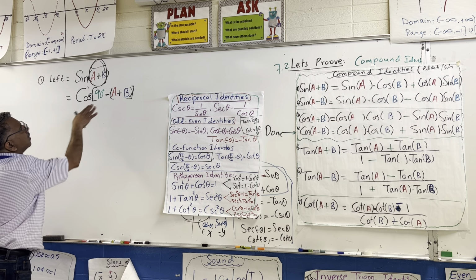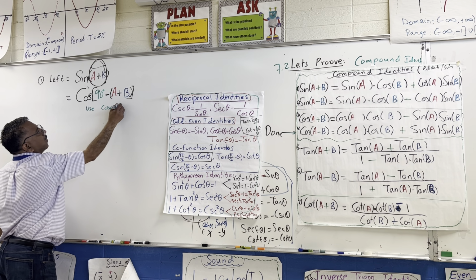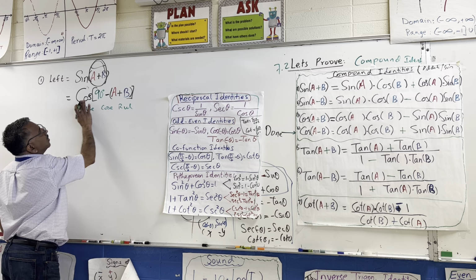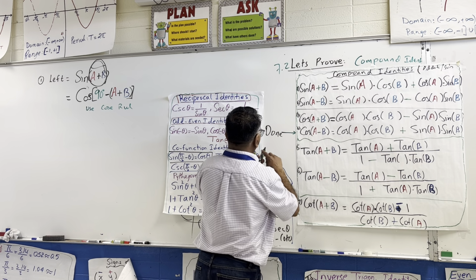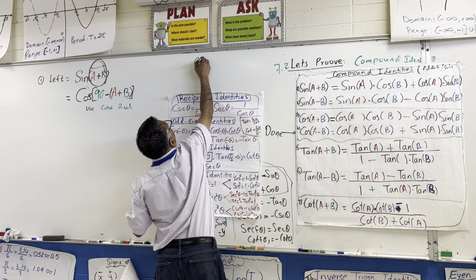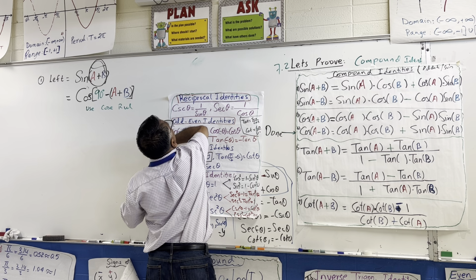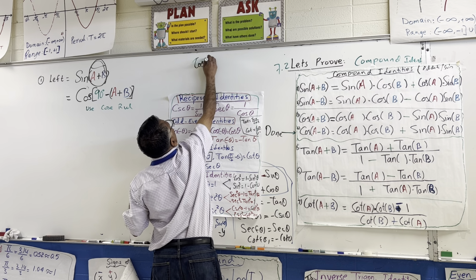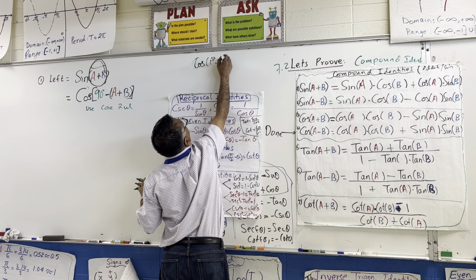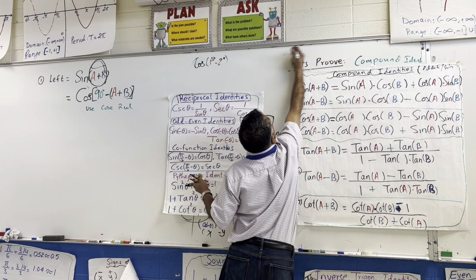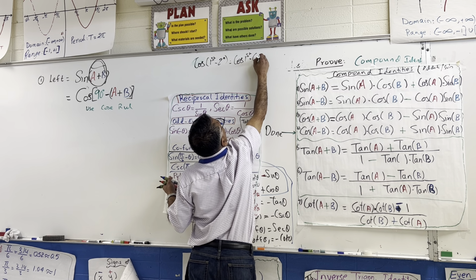Now you have to think, use the cosine formula. So use the cosine rule. What does that cosine rule mean? This formula is also written this way. I'm going to write it as cosine. Instead of A plus B, I can write it as cosine of first minus second. So if it is this way, we can write the answer as cosine first, cosine second, plus sine first times sine second.